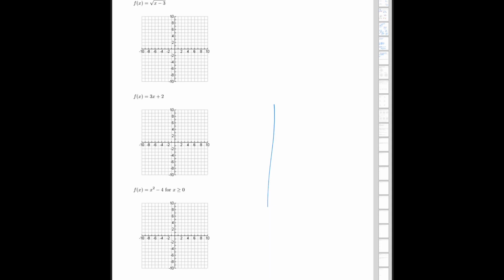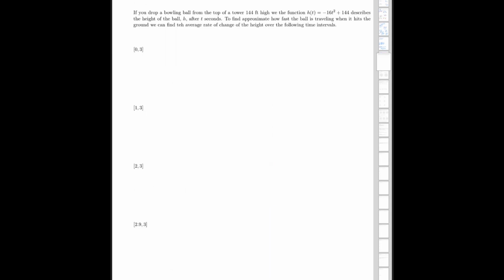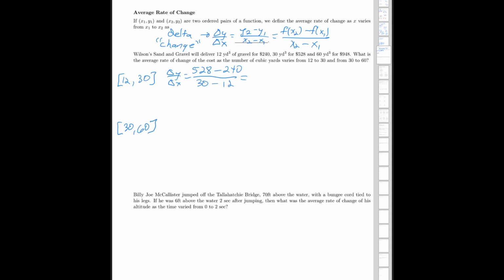So that's $16 per cubic yard. And notice the units on top go on the top, and then we're dividing by the units on the bottom. So dollars were on top and cubic yards were on the bottom. So then change in y divided by change in x.